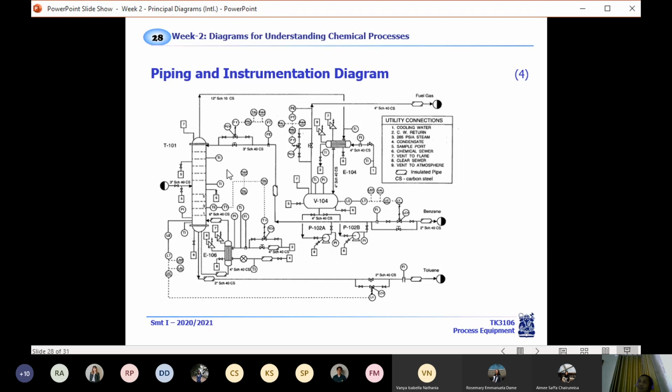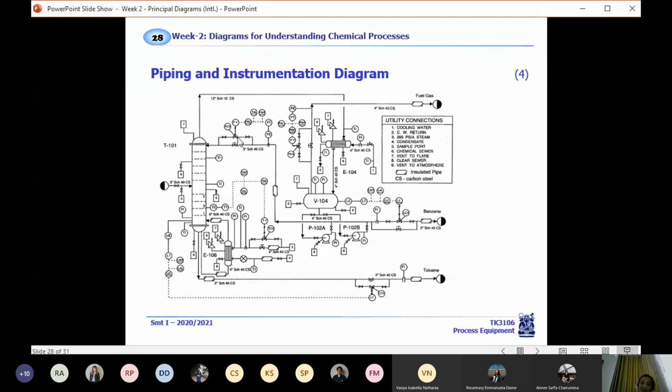In the plant we control the flow rate, temperature, pressure only by dealing with the valve. So that's why in the piping and instrumentation diagram you will see so many valves, for example this one, this one, this one. Because the instrument for controlling fluid in the plant is usually only valve.